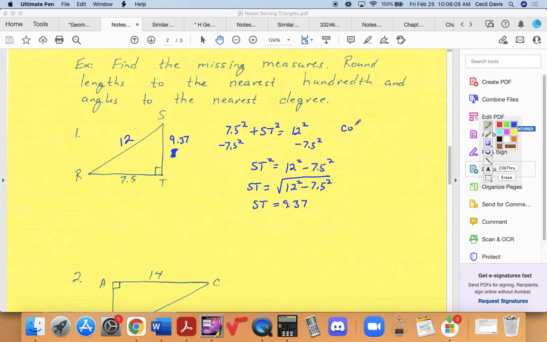So the cosine of the angle at R is going to be equal to 7.5 over 12. And then algebraically, how do we get R by itself? The inverse cosine. Yeah, take the inverse cosine of both sides. So R will be equal to the cosine inverse of 7.5 over 12.